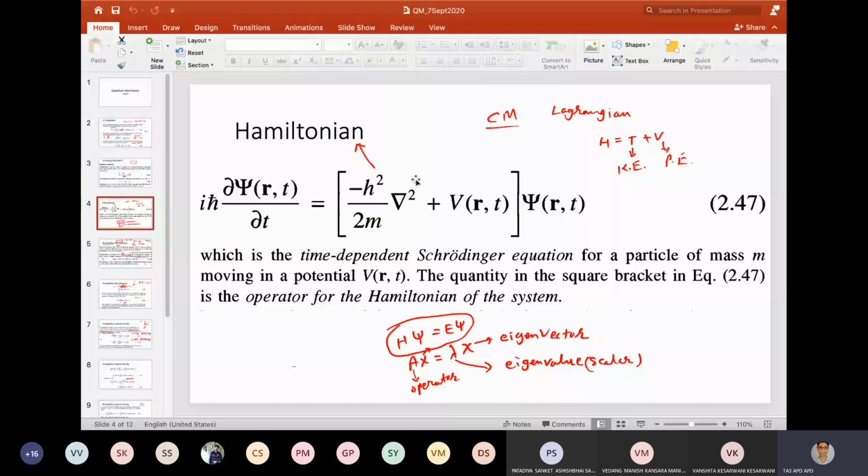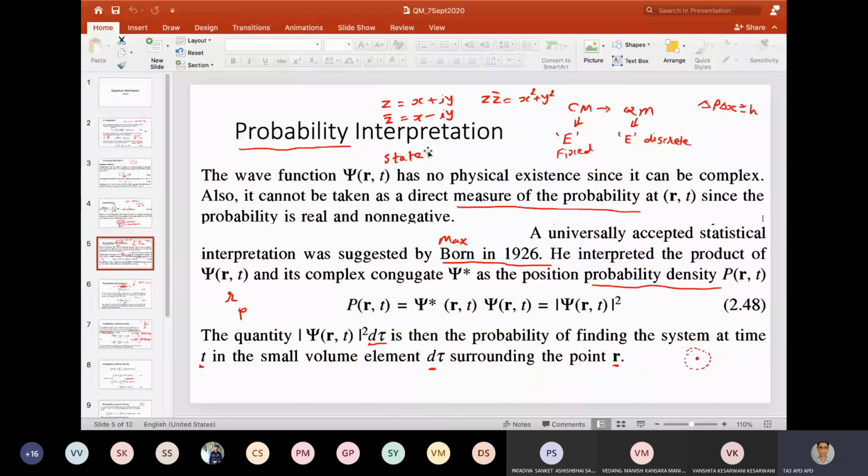Then we came across the concept of the probability interpretation, because after all, what we are interested in is the probability of finding the particle in the given system. One of the ways, suggested by Max Born, was to take the complex conjugate of the function, psi star into psi, or the modulus of psi squared.